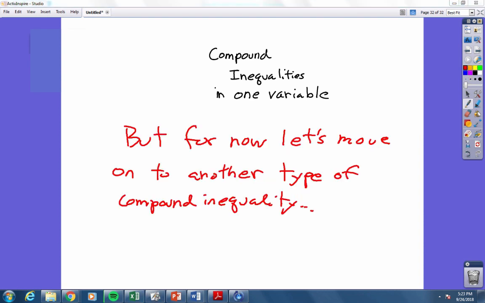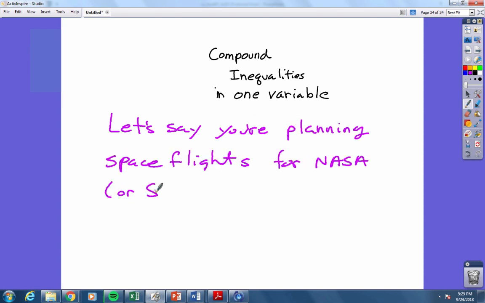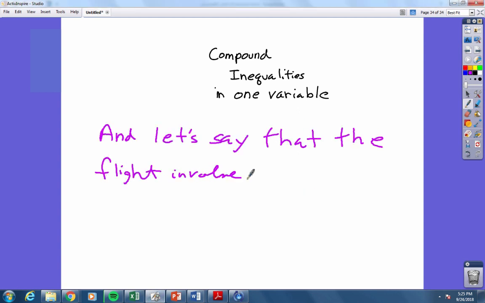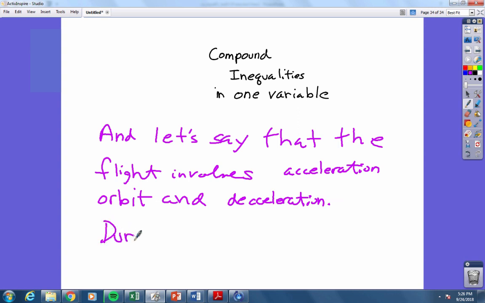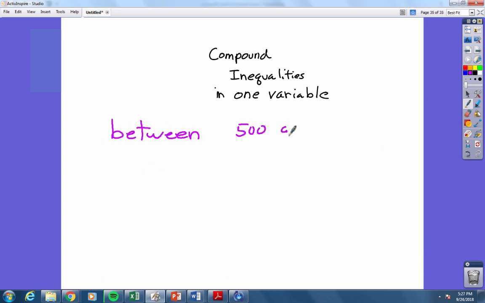But for now, let's move on to another type of compound inequality. Let's say you're designing space flights for NASA, or SpaceX if you prefer. And let's say that the flight involves acceleration, orbit, and deceleration of the spacecraft. During acceleration and deceleration, the speed of this vehicle will be between 500 and 800 miles per hour.